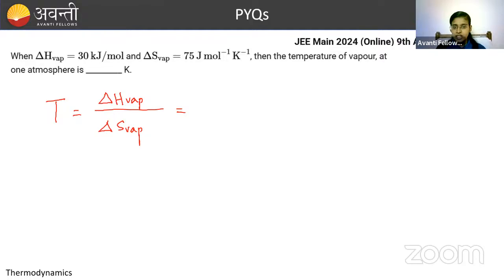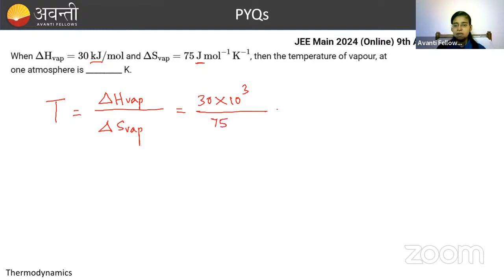Delta H is given in kilojoule and delta S is given in joule. So we have to convert the kilojoule to joule. 30 kilojoule is 30 into 10 to the power 3 joule, divided by delta S, which is 75 joule.